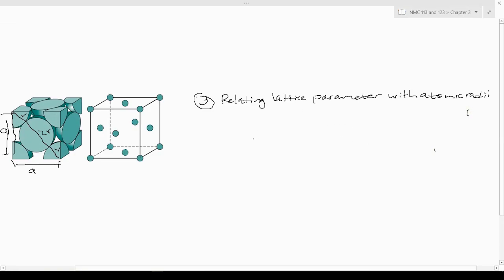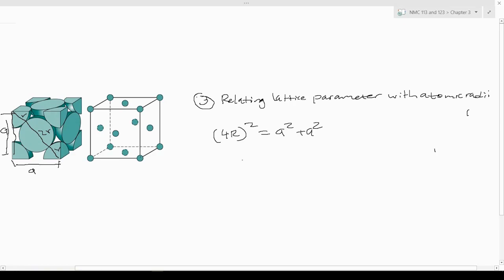It's going to be (4r) squared equals a squared plus a squared, because you have the hypotenuse, adjacent side and the opposite side.